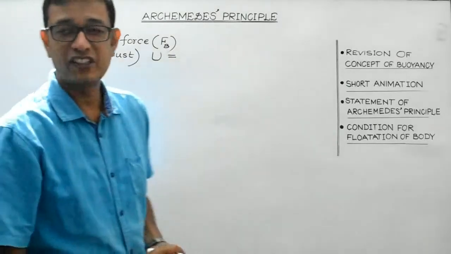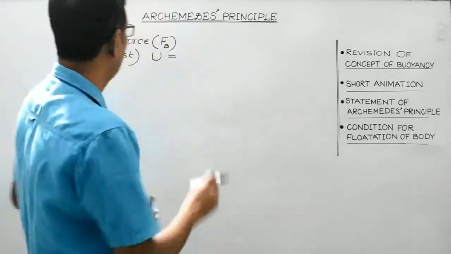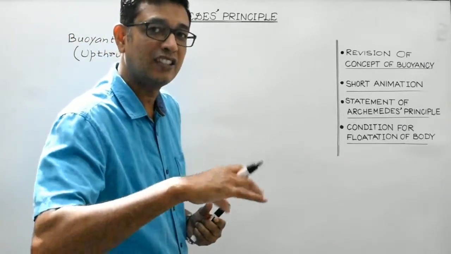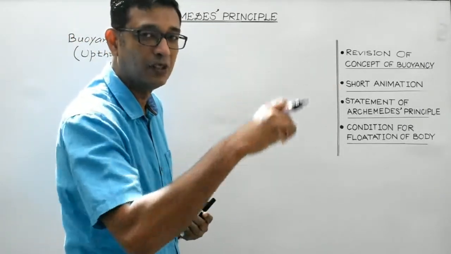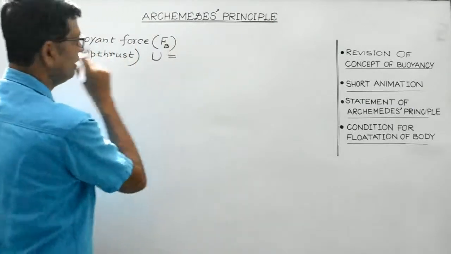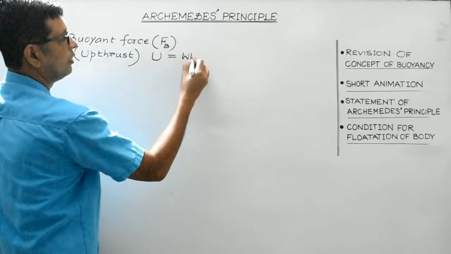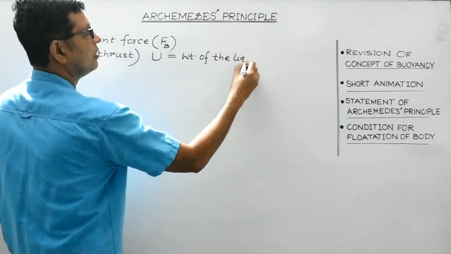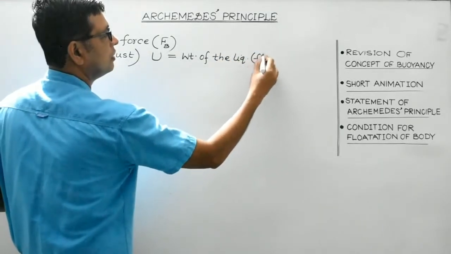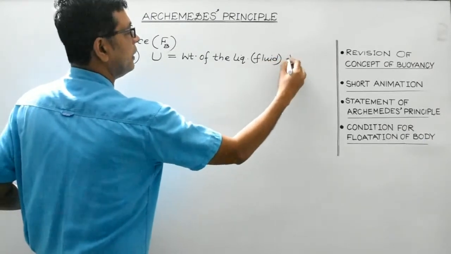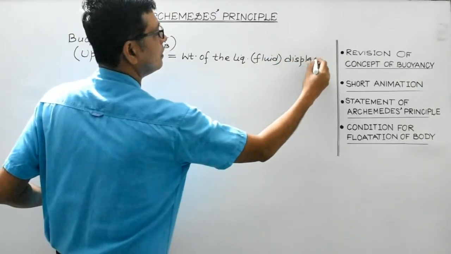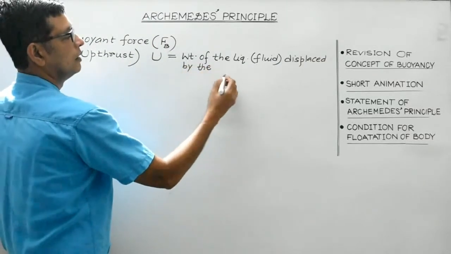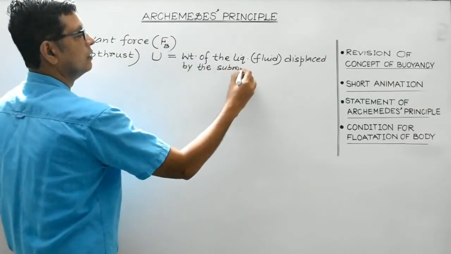And we have discussed in the previous session that the buoyant force or the upthrust which the fluid exerts on the body immersed in it in the upward direction is given by the weight of the liquid or fluid displaced by the submerged portion of the body.